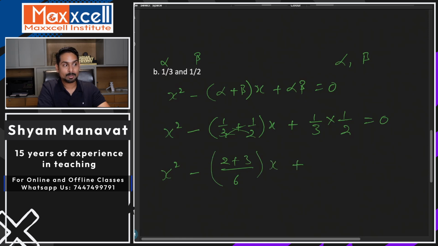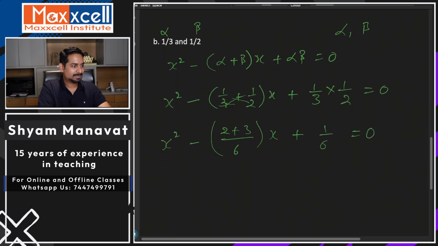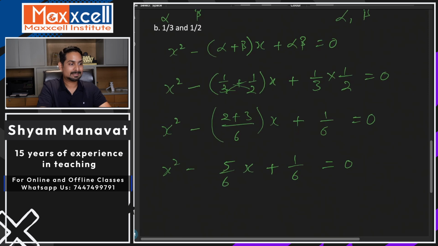Multiply these two, 1 upon 3 times 1 upon 2 is 1 upon 6. So here you have x square minus 5 by 6 x plus 1 upon 6 equals to 0.